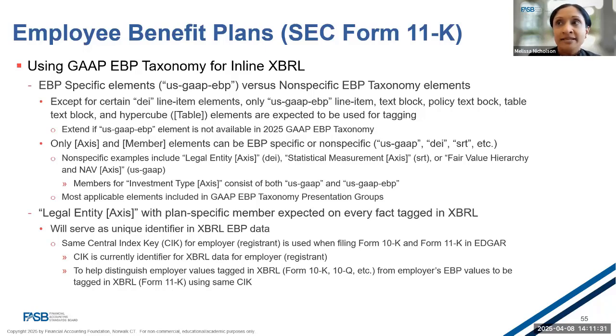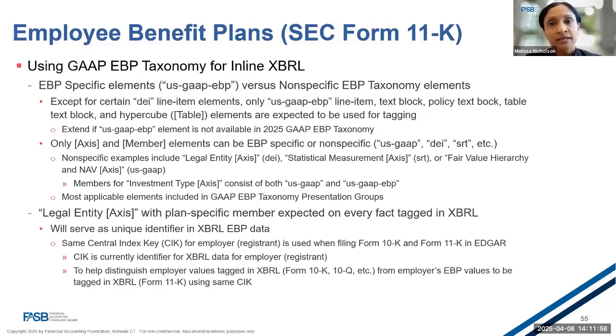But if you do need to find a member element, for example, a specific member element that was not included in the EBP presentation groups, such as a member element for a specific type of investment that you're disclosing, then that is where you could look outside the EBP taxonomy to a different taxonomy, such as the US GAAP taxonomy for such an element.